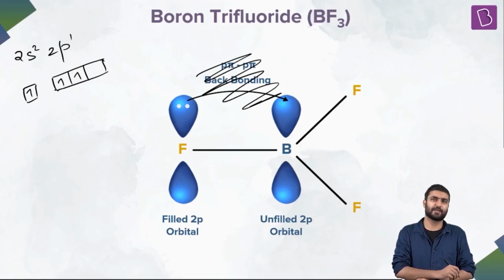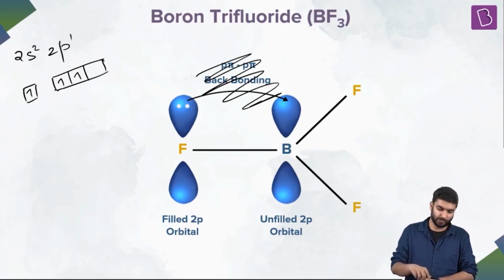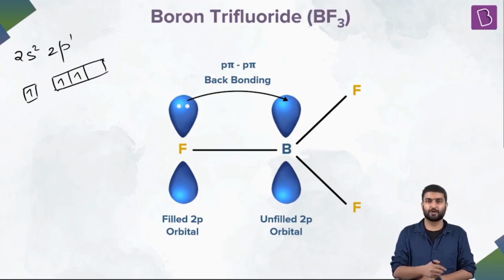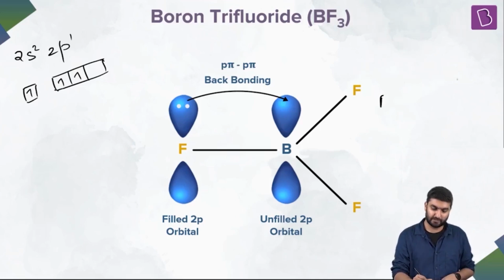Why not I coordinate my lone pair to your empty orbital? So the fluorine says this to boron: why don't I coordinate my lone pair to your empty orbital? So now the boron is like, okay, yeah, you can do that, because something like this happened here.